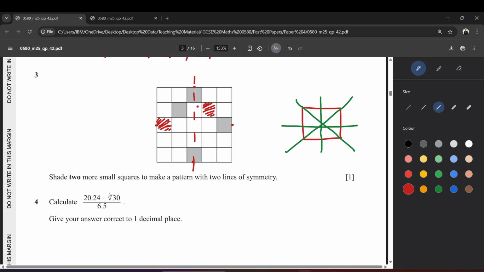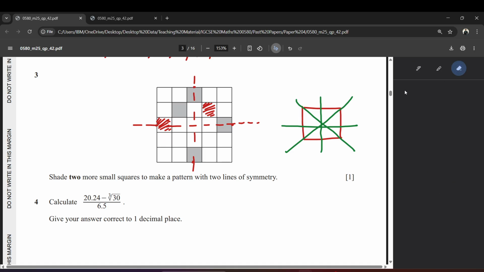So in this way we can have one line of symmetry. All right, but we need to have two lines, right? So let's say I now want to make a line of symmetry over here. Now there's going to be a problem because you have three boxes shaded over here, and they do not overlap in this case. So we cannot have this line of symmetry.